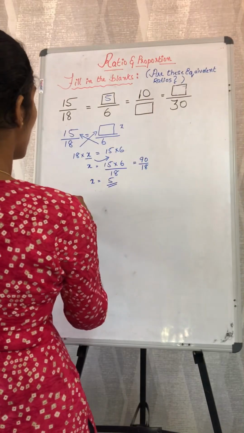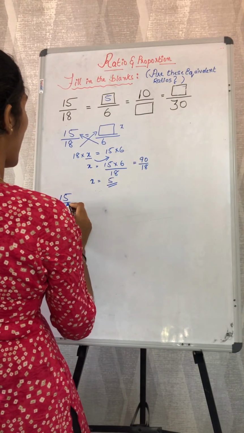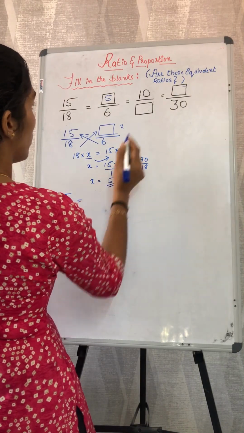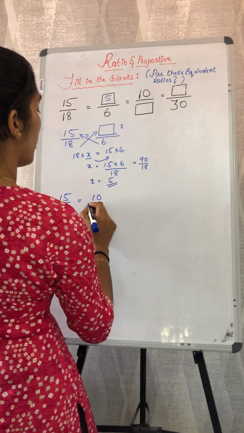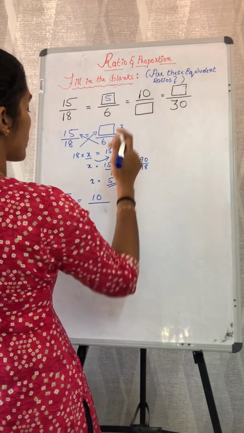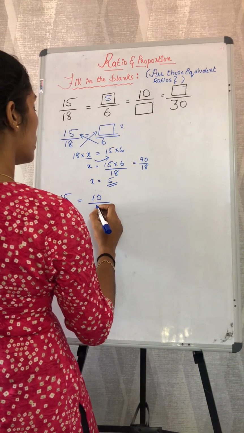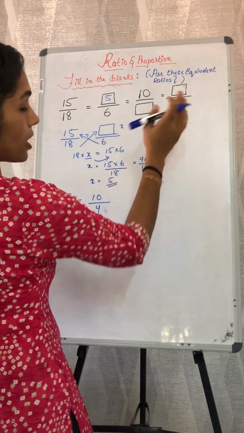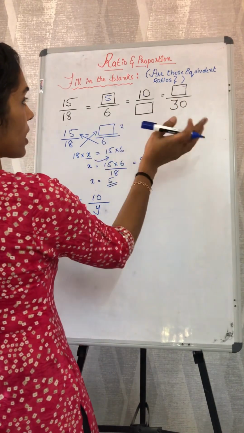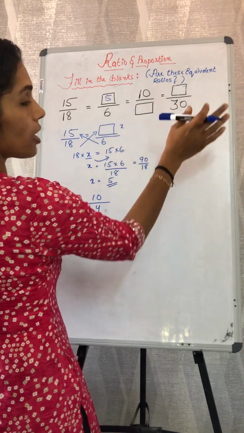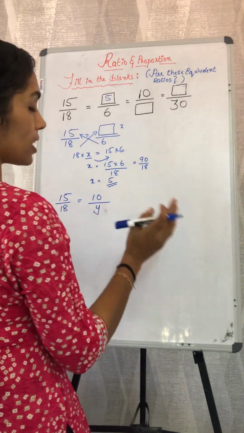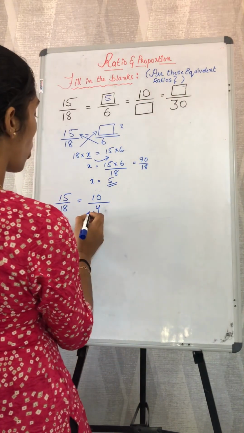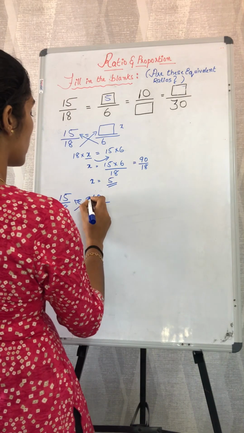So the second ratio, 15 by 18, and 10 by blank. Now let's assume this blank as y. You can take any variable according to your wish, since nothing is mentioned here. For my ease, I am taking y. So again cross multiply it.